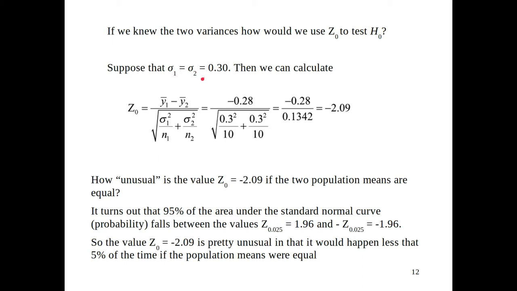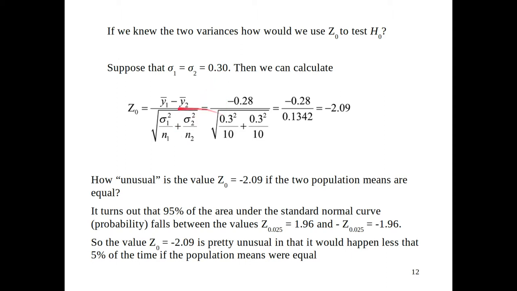Sigma 1 is equal to sigma 2 is equal to 0.3. So the standard deviation is provided. So we know the standard deviation, right? Then we can calculate the z0 value: y1 bar minus y2 bar divided by the square root of sigma 1 square by n1 plus sigma 2 square by n2.